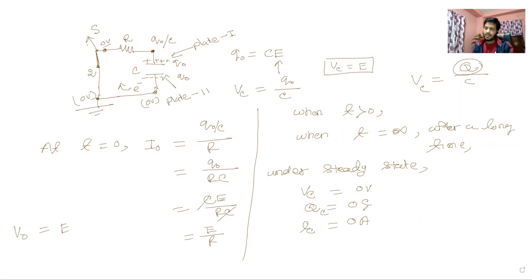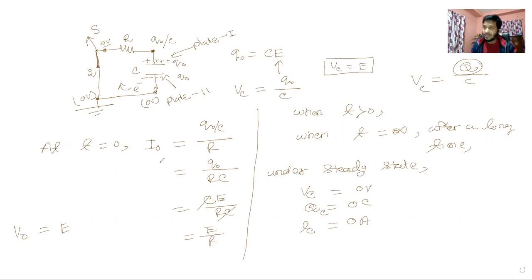Right? And we also said that in the initial state, that means when the time is 0, at that time the capacitor acts like a short circuit during the charging phase of that capacitor. Okay, let us analyze whether that statement holds true here also.